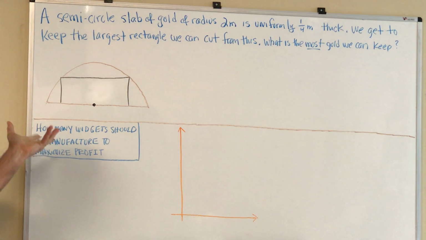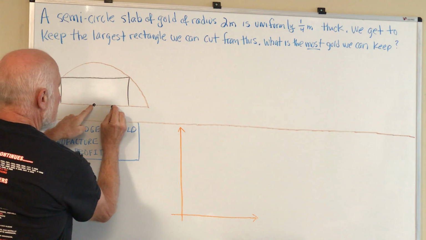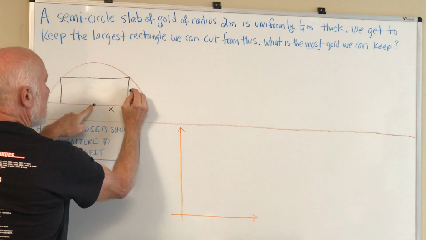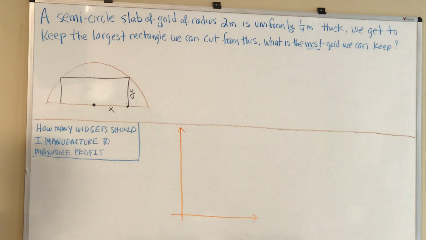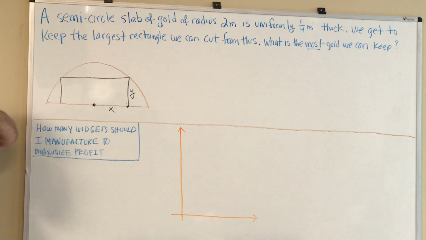Well, what are my dimensions? Well, I'm gonna call the distance from the center to this x. And I'm going to call this distance y. And that's going to determine what my rectangle is. And I'm going to try to maximize the area of this rectangle, because the third dimension is already determined.